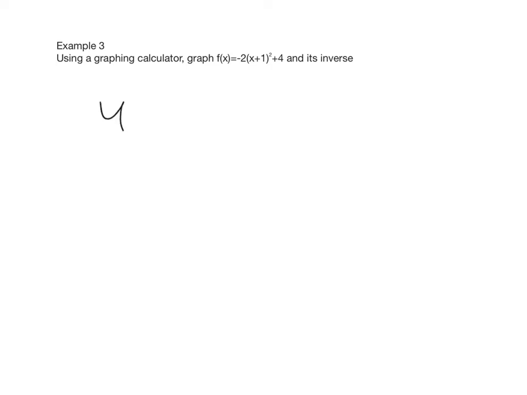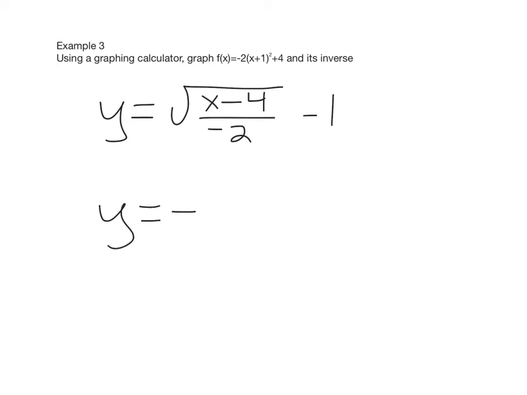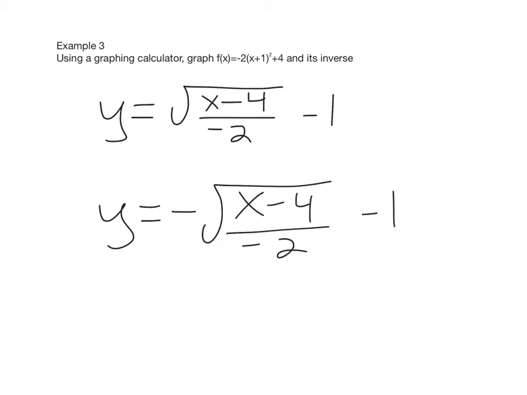When we do that, we're going to have to actually input two separate equations. We're going to say that y is equal to the root of (x minus 4) over negative 2, minus 1, and we're going to say y is equal to the negative root of (x minus 4) over negative 2, minus 1.